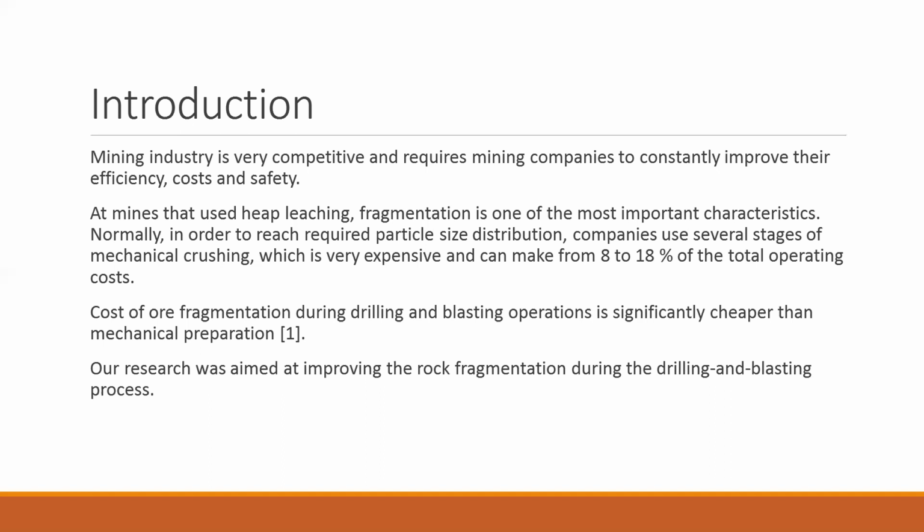And of course, such crushing, mechanical crushing using jaw crushers or cone crushers, can make from 8 to 18% of the total operating cost of the enterprise. By saying total cost, I mean that it could be 8 to 18% of the cost of mining and processing and admin costs and everything all together. So that's a quite high number.